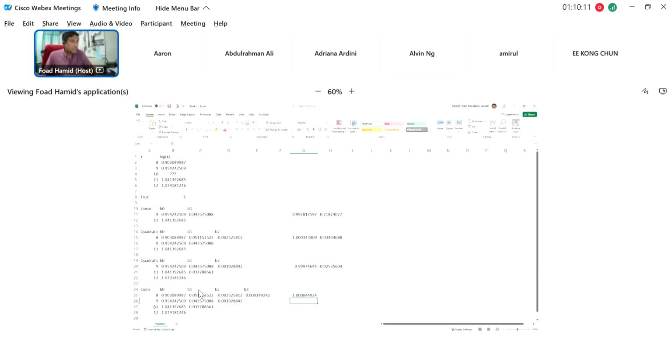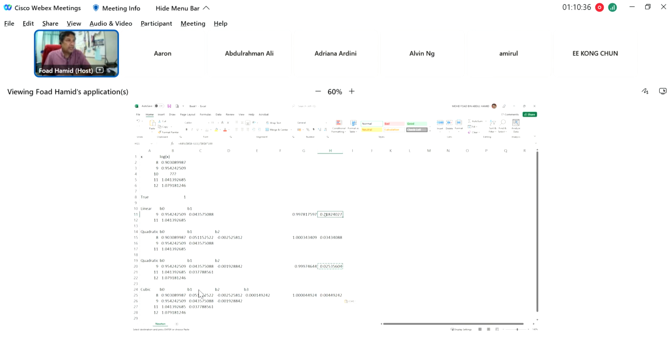Okay, note this is now 1.000044924. And what is the error? So let's copy the error and see. Note again, we increase one order of the polynomial, and at the same time we reduce the error by one order of magnitude.